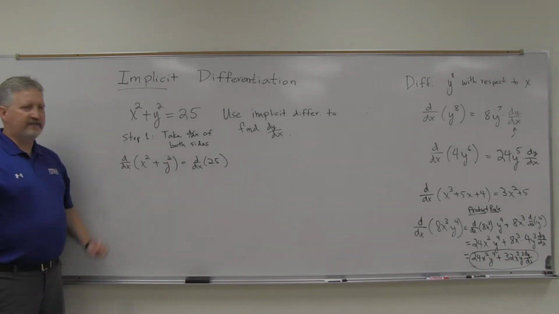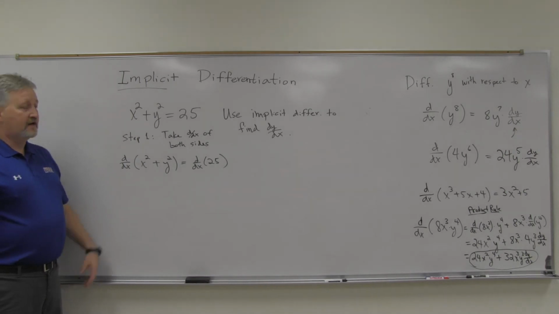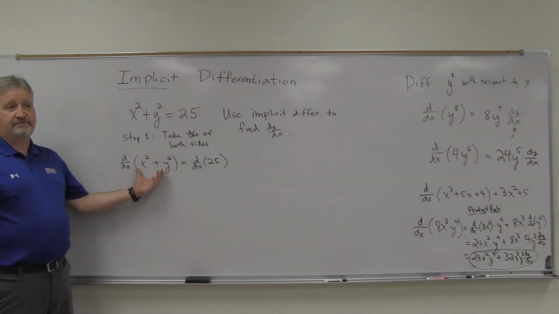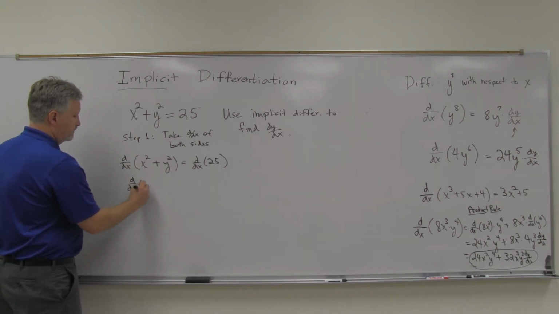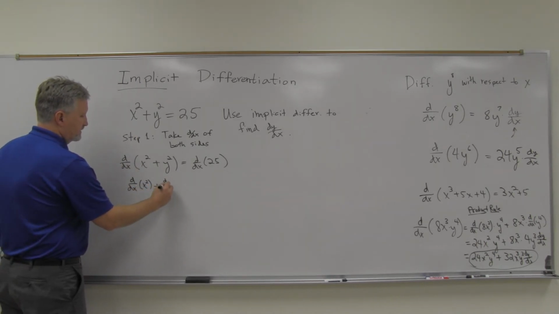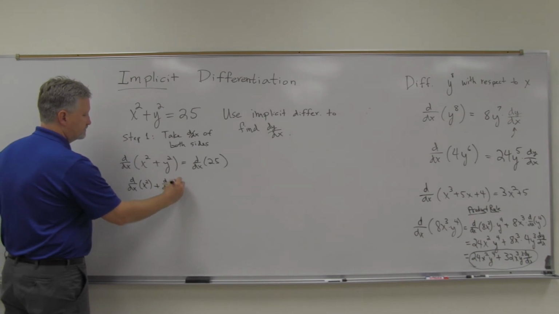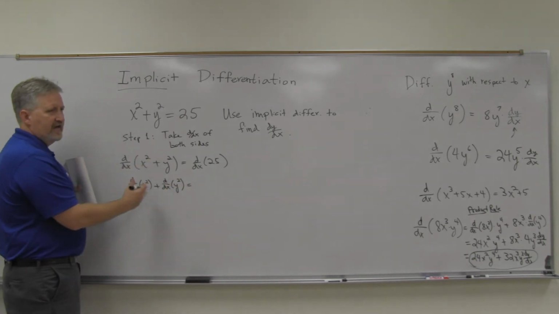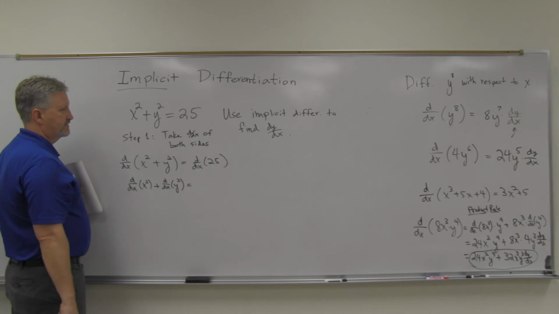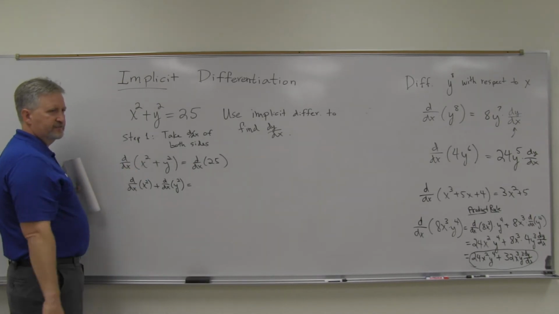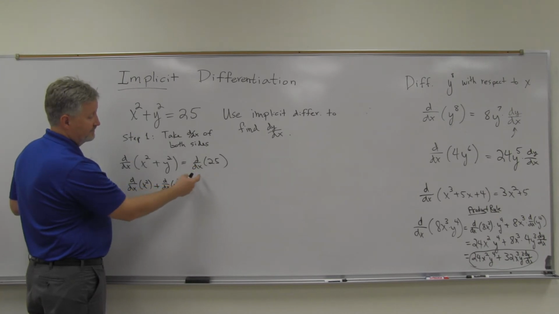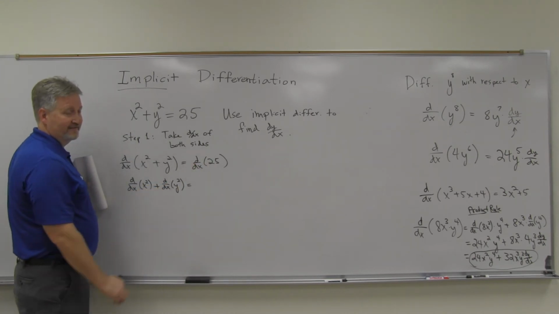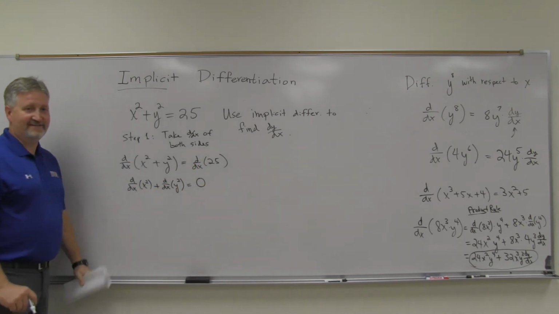But it's just taking the d dx of both sides. Now this side's pretty nice because it's just adding. And so it just amounts to the d dx of x squared plus the d dx of y squared. Because it's just adding, there's no special rule there. Just straight up do the derivative of each with respect to x. Now we can go ahead and take care of this one. What about this side? Well, it's the derivative of a constant. That doesn't change. That's still 0.